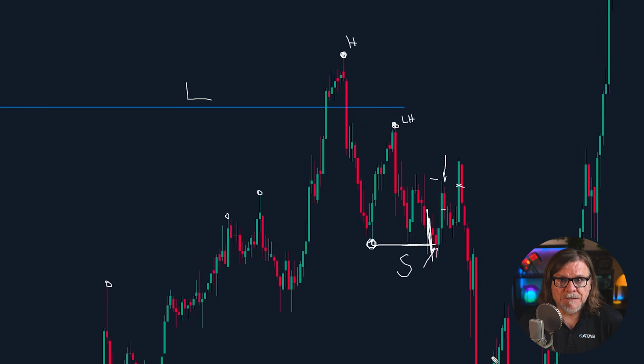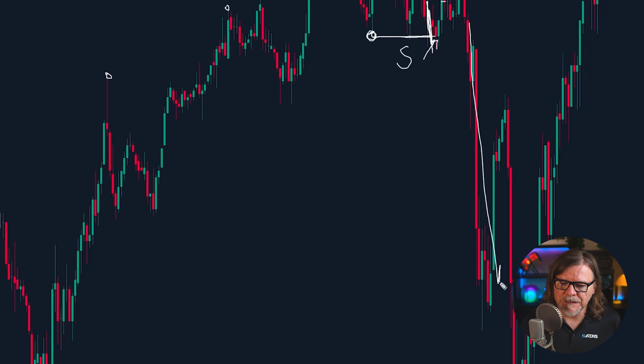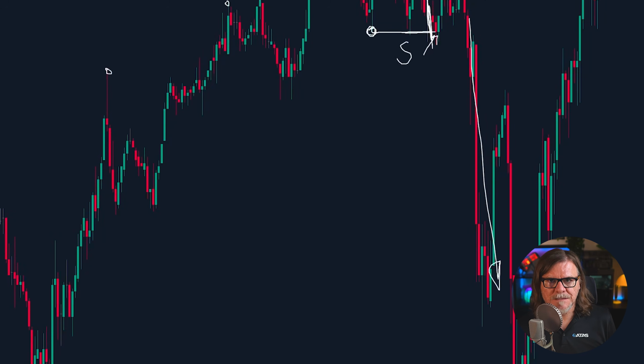That's okay. It happens. That's why we are aiming at risk to reward 2 to 1, not 1 to 1, obviously. So another entry, because this is still a lower high, is here at the closing of this candle with a stop loss here. And look at that downtrend. Amazing, isn't it?